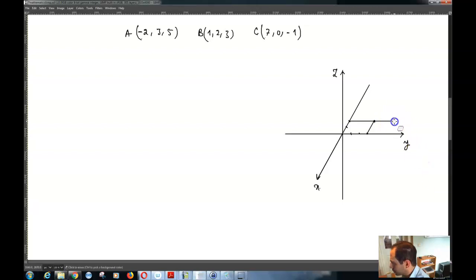So this point over here is then the point (-2, 3) in the xy plane.